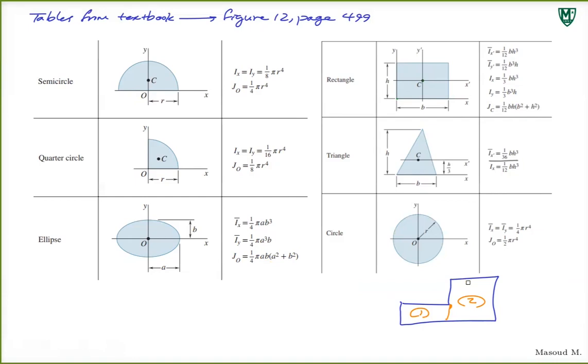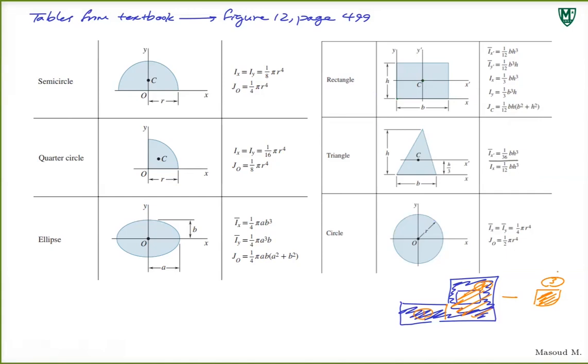This same area could have a rectangle-shaped cutout. Your area could be this. Then you would do something similar: maybe one segment here, and this whole thing, add these up minus the cutout part.